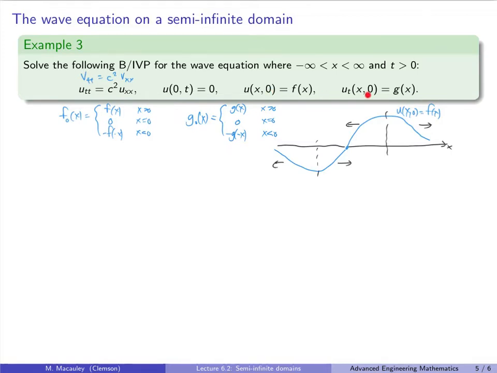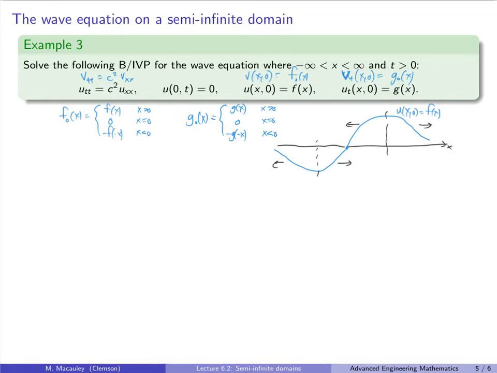So our two initial conditions, writing in terms of v: v(x, 0) is just the odd extension of f, and the initial velocity, oops, that should be a v, not a u, v_t(x, 0) is g naught of x. Okay, and this solution that I've sketched, where the wave splits up and half of it goes in one direction, half goes in the other, we have a formula for that.